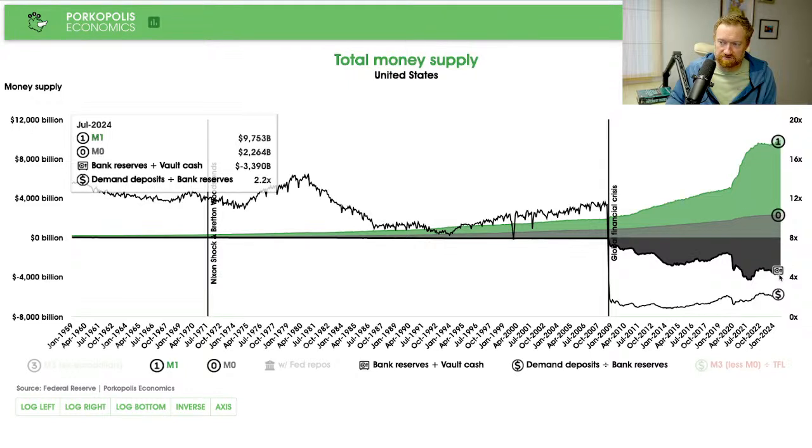Some of these bank reserves have flown out of the system, but it's not anything to write home about as far as a celebration or a return to normalcy. It's just not normal banking still. We're only at 2x. Okay, so we have this huge pile of reserves sitting in banks as an asset for banks, and they're not loaning them out.